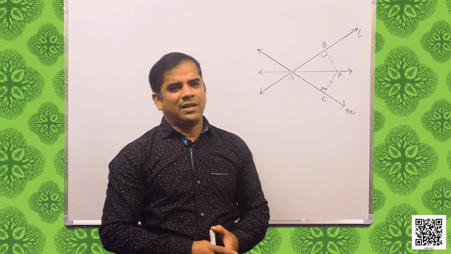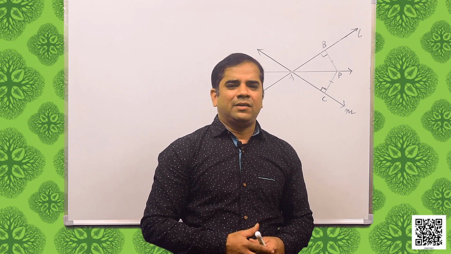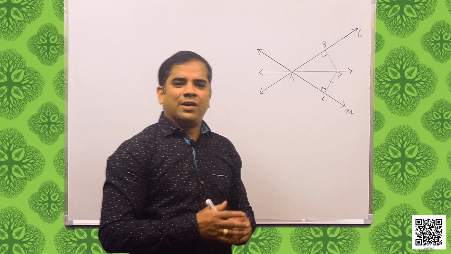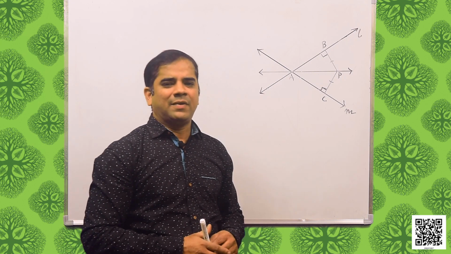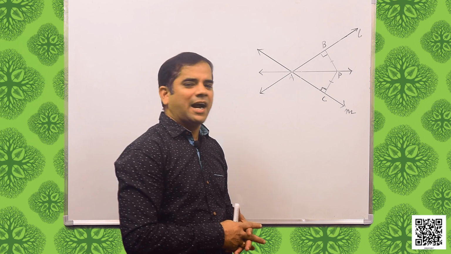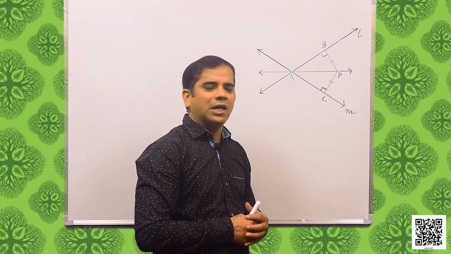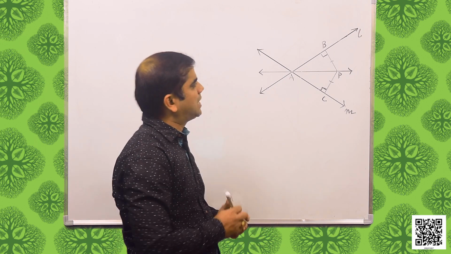Students, now we have two lines L and M which intersect each other at A. It is given in your book as well, and I have constructed the same diagram over here.